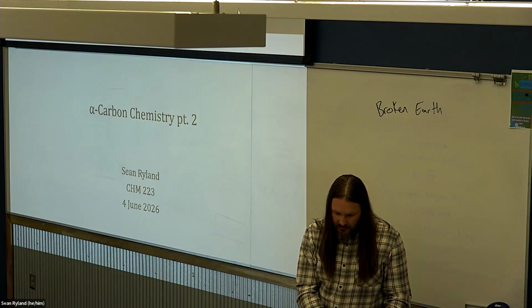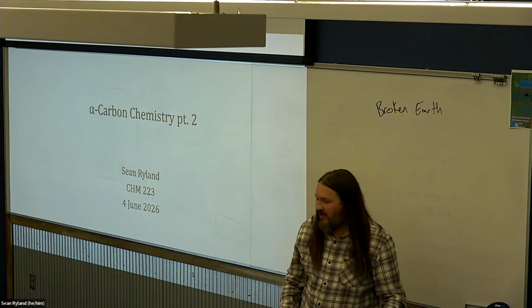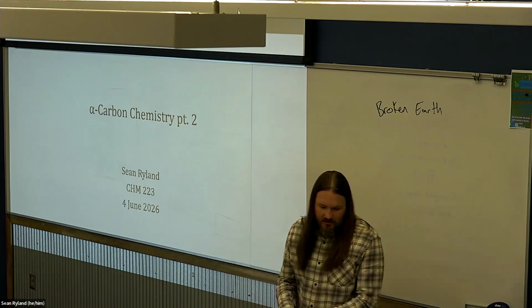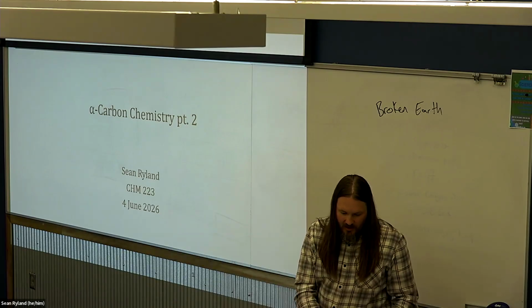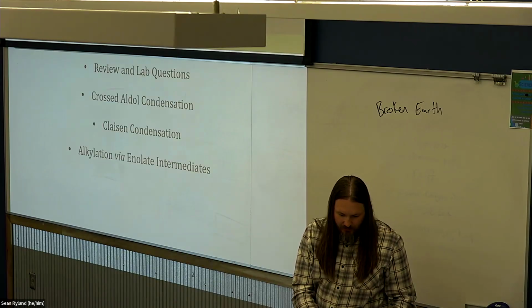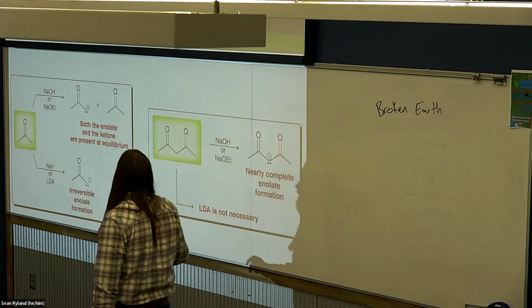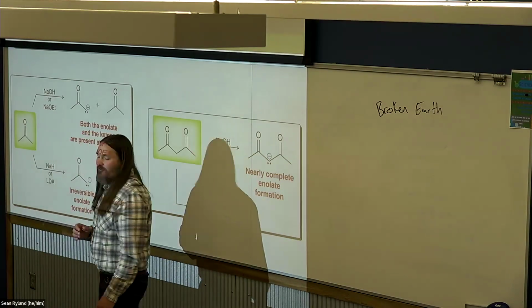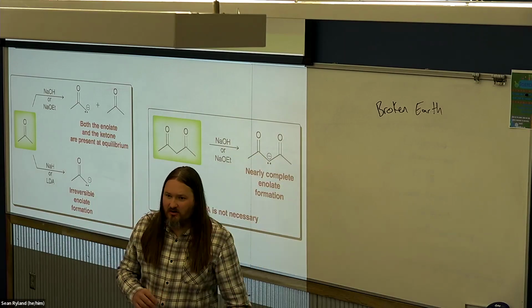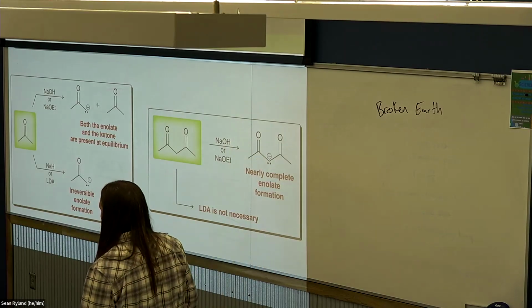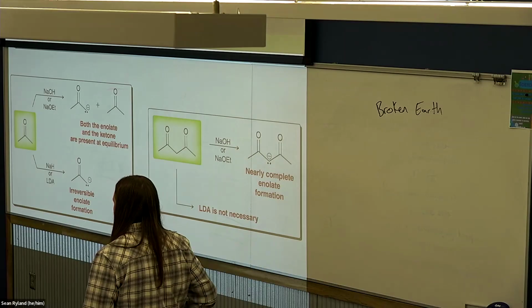All right. So we're going to talk some more about alpha carbons today. First off, start with a little bit of review. For enolates, for the most part, remember that enolates are a more useful form than just the enol.